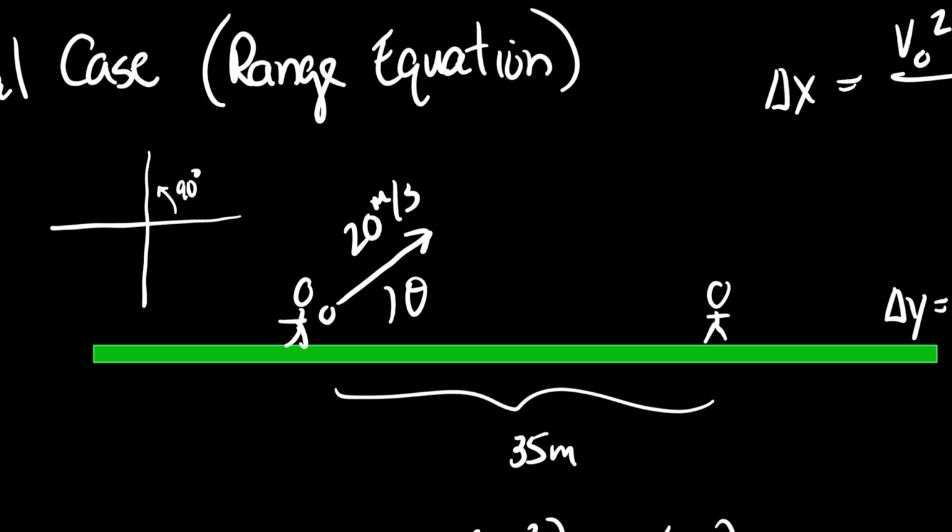Now that makes sense. If you're the quarterback and you're throwing the ball, would it make any sense to throw the ball this way if you want to hit a guy over here? Would that make any sense at all? But hear me out. Sine is positive in both of these quadrants. So you got your calculators out, right? Do me a favor and find the sine of 119 degrees.